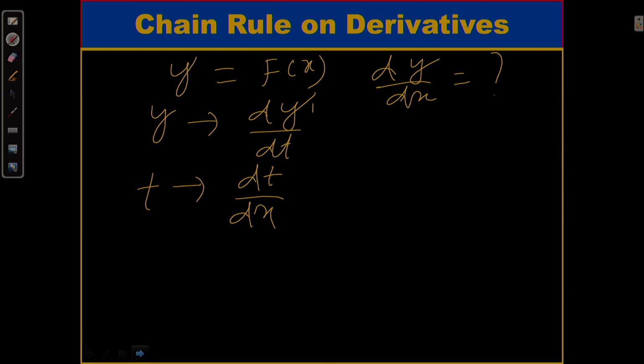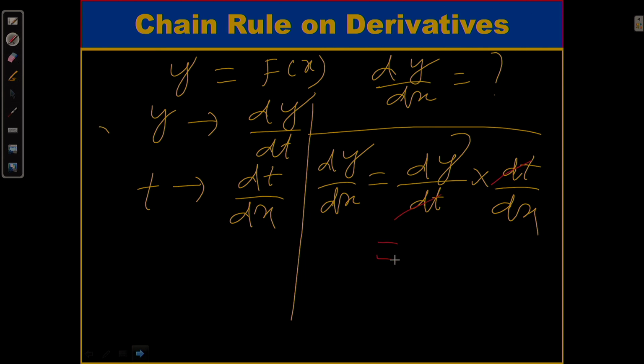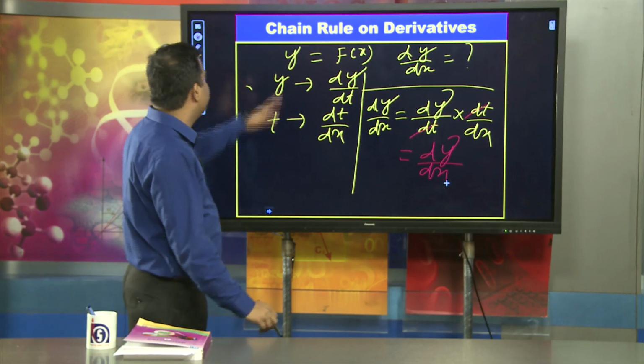Now dy by dx is nothing but dy by dt into dt by dx, because dt and dt will cancel, and ultimately you will get dy by dx. That is known as the chain rule. The answer is obtained by using the chain rule.